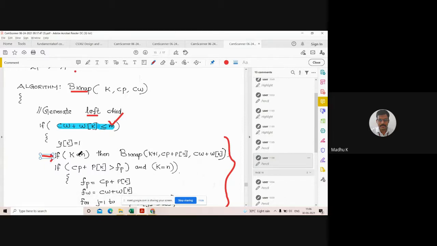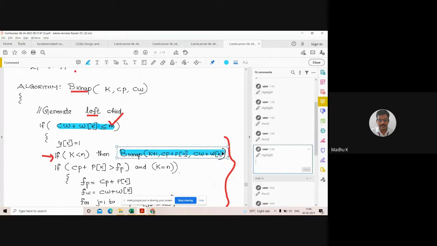What is k now? 1. Is 1 less than 4? Yes. So we execute this, that is, we call the function again with these parameters.